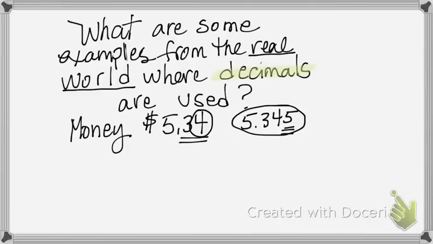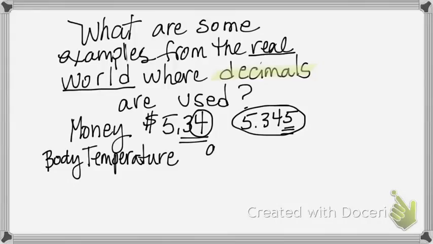Another place: my wife is a nurse, so body temperature. When they measure internal body temperature in the hospital or at home with your thermometer, normal body temperature is 98.6 degrees Fahrenheit, which converts into just plain old 37 degrees Celsius.